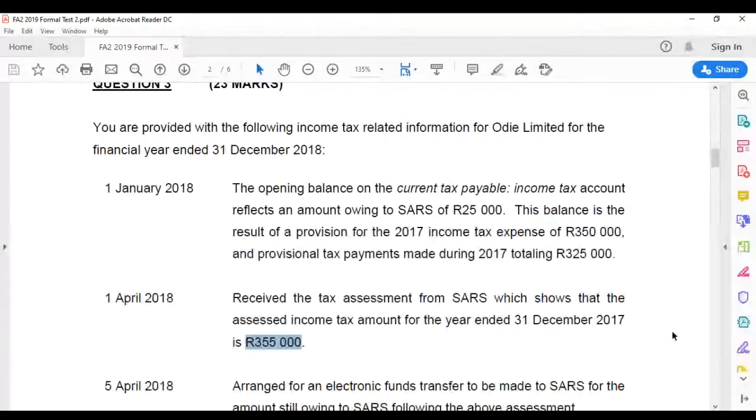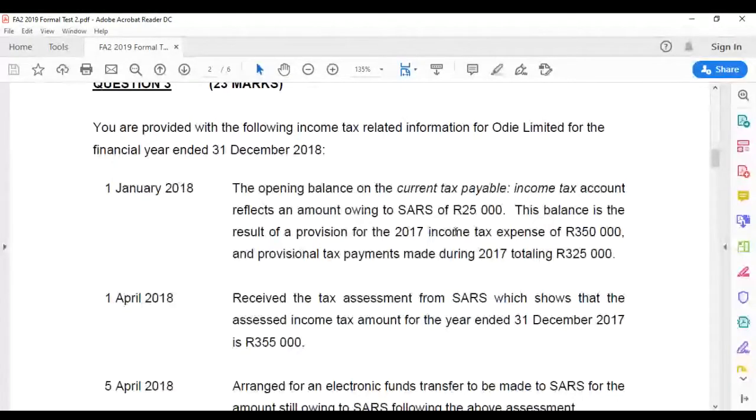What is the amount that we've provided? Let me just display that again so that you can see. How much did we provide as an expense? There we go, Lubabalu, Priscilla, there we go. We have provided for an income tax expense of 350,000 rands.